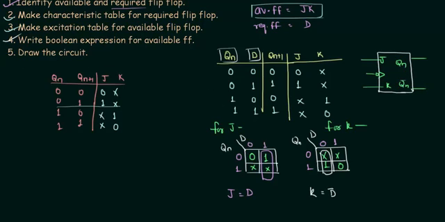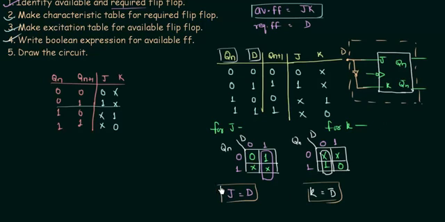So let's see what changes we have to do in this JK flip-flop to get the D flip-flop. You can see J is D, so if D is my input, then J is going to be the same, and K is D complement, so we have to use a NOT gate here, and it will be given to K. So overall you can see we have our D flip-flop by using a JK flip-flop.